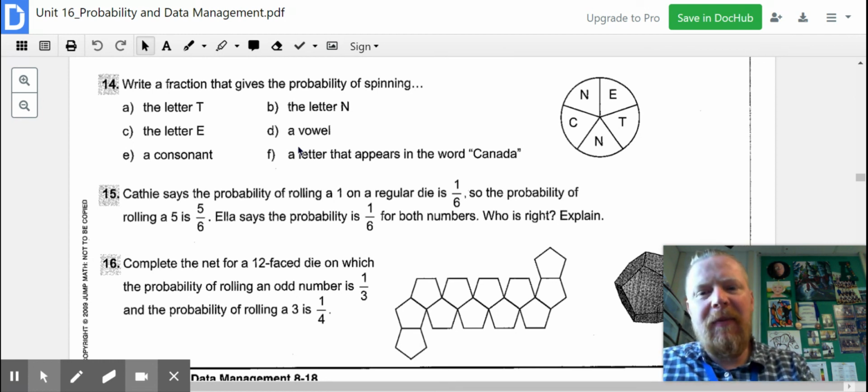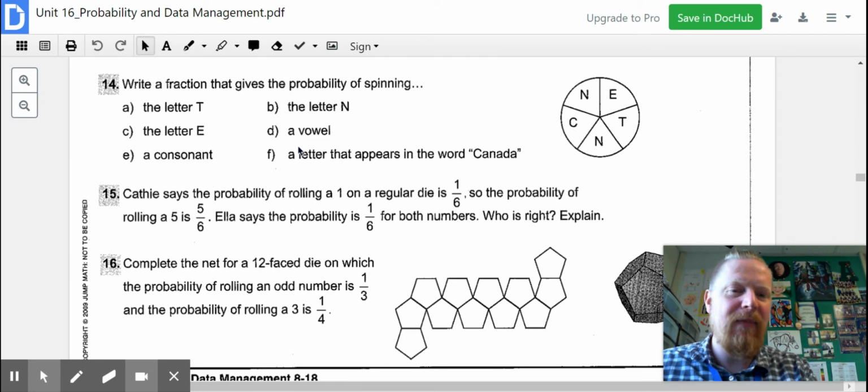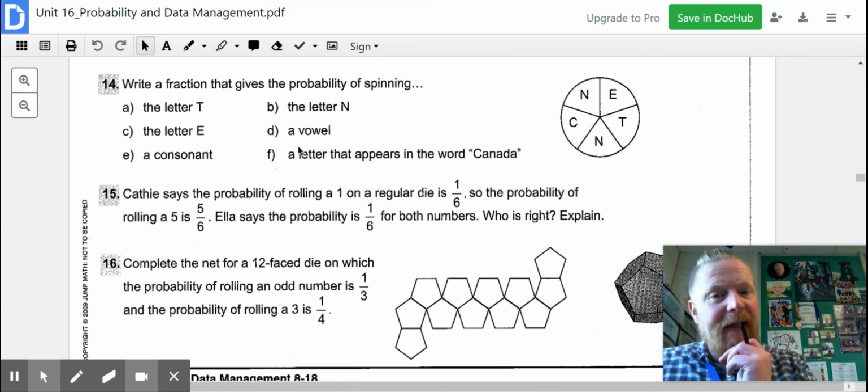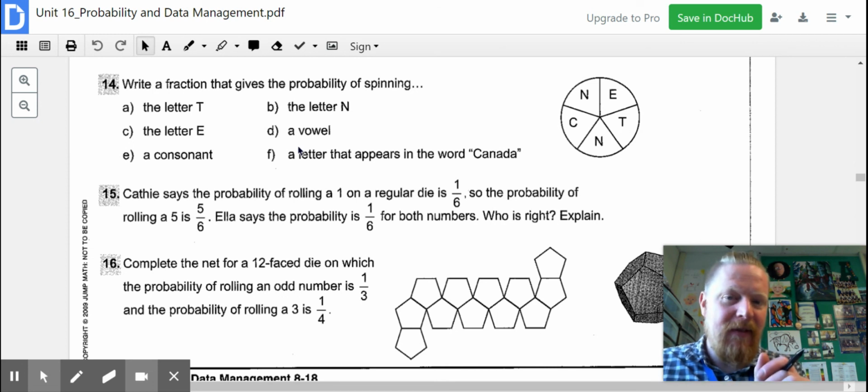Kathy says the probability of rolling 1 on a regular die is 1 in 6. So the probability of rolling a 5 is 5 in 6. Ella says the probability is 1 in 6 for both numbers. Who's right? Explain. Well, Kathy is right when she says the probability of rolling a 1 on a regular die is 1 in 6, because there's 1 one, and there's 6 possible outcomes.